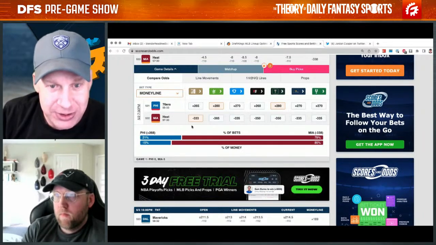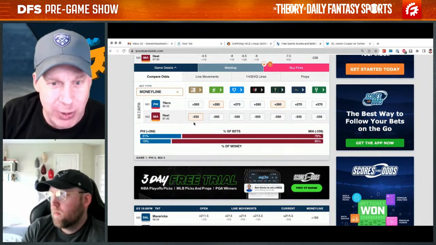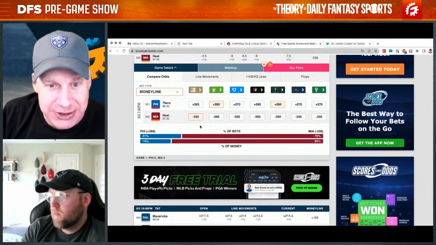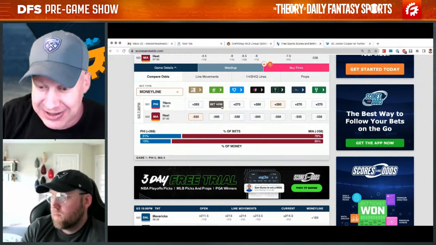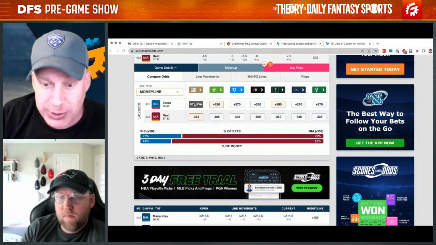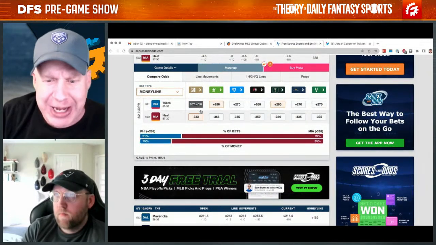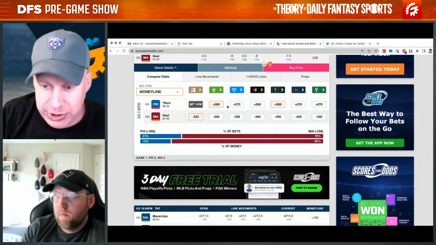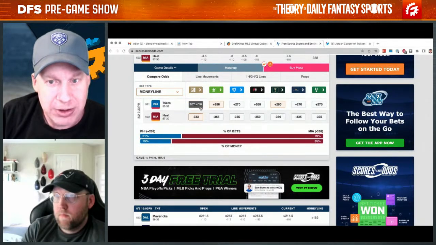But if you're going to bet 10 to win $26.50, why not bet 10 to win 28 bucks? Why not make the extra $1.50 by going to DraftKings and betting on the Sixers? So if you wanted the Heat, you'd bet on BetMGM. If you wanted the Sixers, you bet on DraftKings. You wouldn't just say, well, I have a BetMGM account, I'm there, whatever. Well, you're losing money by doing so.